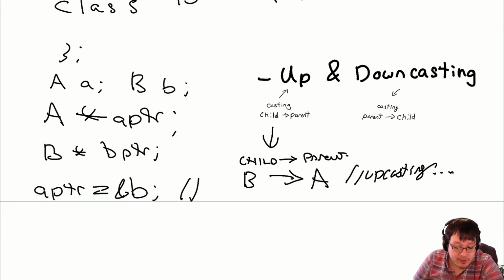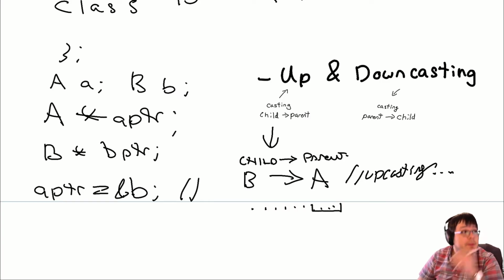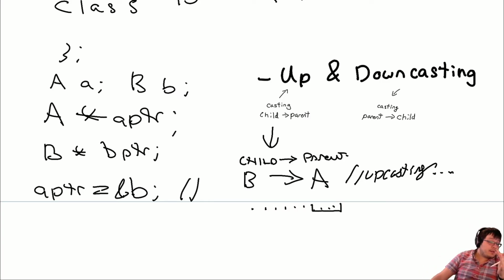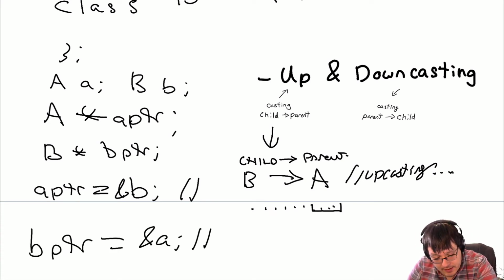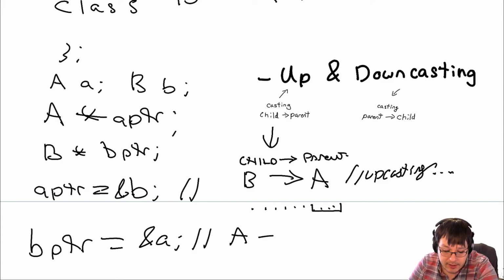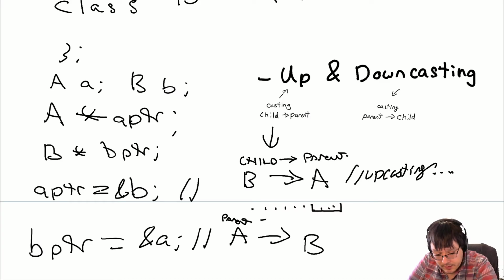So this is perfectly fine because what I'm saying is limit what functions I can call on B to the functions that only exist on A, which is fine because everything on A is on B. The one that's a problem is this one, BPTR = A. This one I'm taking an object of A and I'm making it into B. So I'm taking a parent object and I'm making it into a child object.